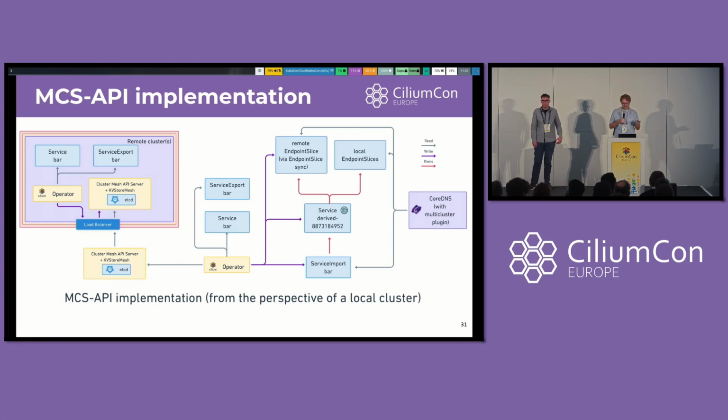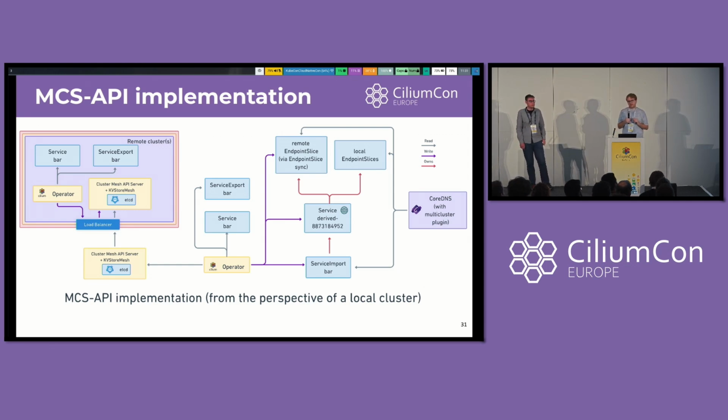So now, magically, everything should work because we have the service of the same name. We mark it as global, so everything cluster mesh related and service related in general is working. And we also can sync EndpointSlice with the EndpointSlice sync feature that Marco has presented you. And now the Cilium job is basically done.